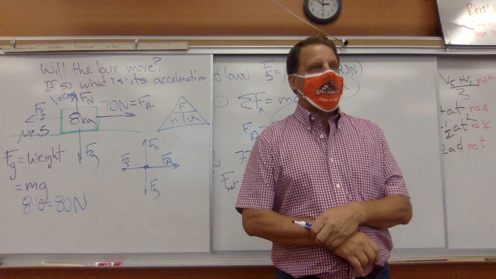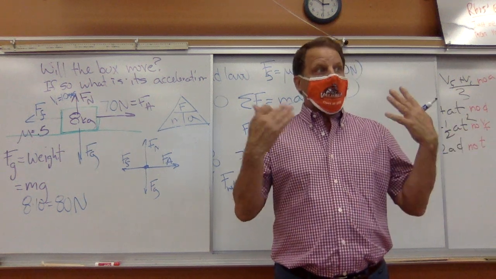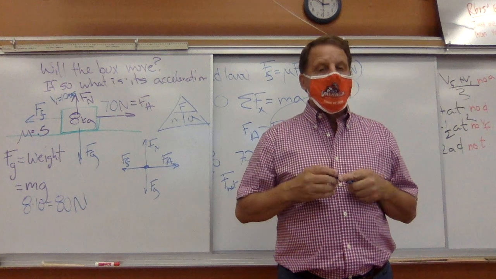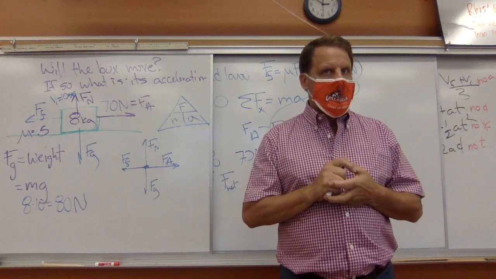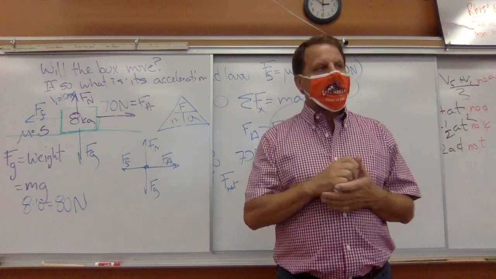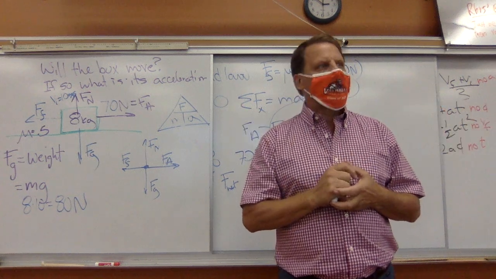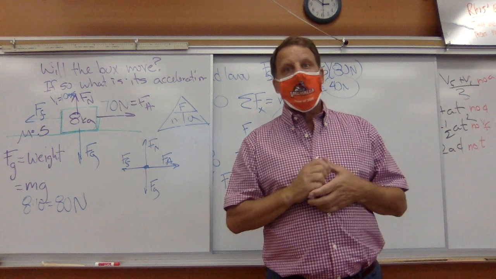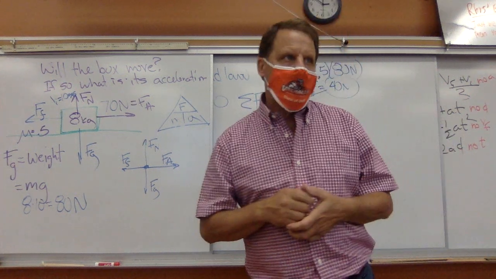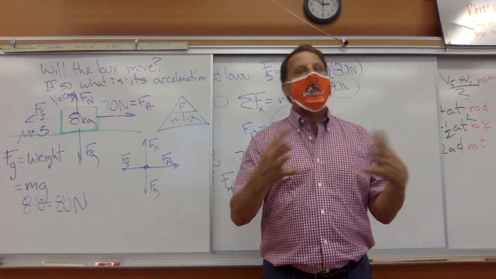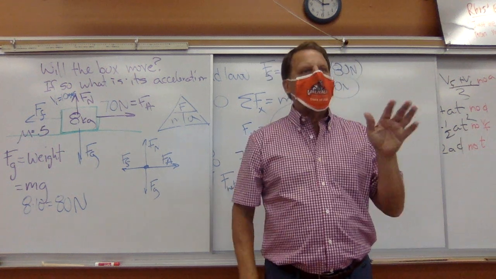If you guys have a part-time job, a lot of times when you get your paycheck, if you make, let's say, $15 an hour, and you worked for, let's say, 8 hours, that means you earned $120. But when you get your paycheck, it's not going to be $120. It might only be $90.